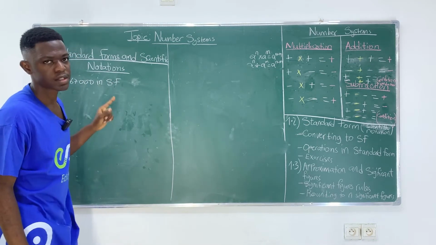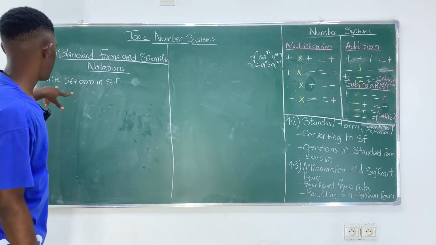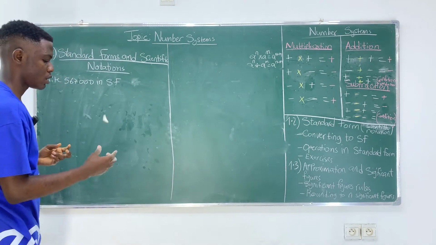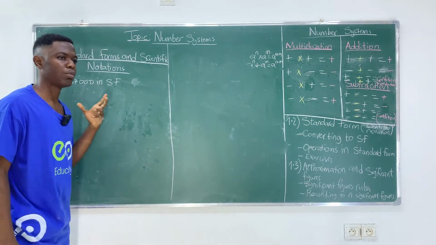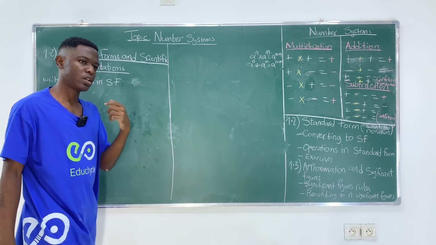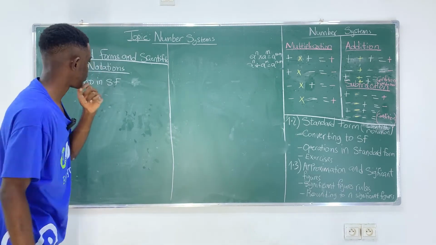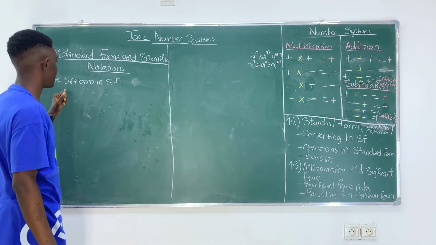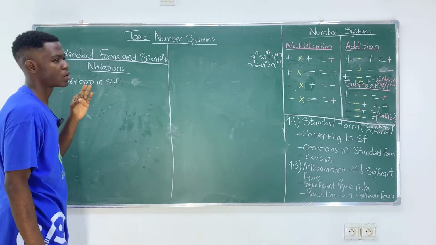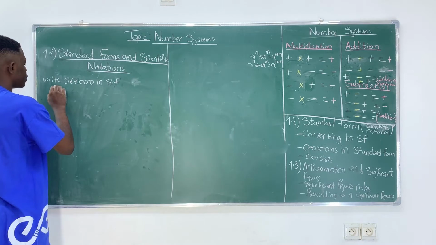Standard form. SF means standard form. So pause the video, do it, write it in standard form, and you can play it back to see the correction. So what is 567,000 in standard form?